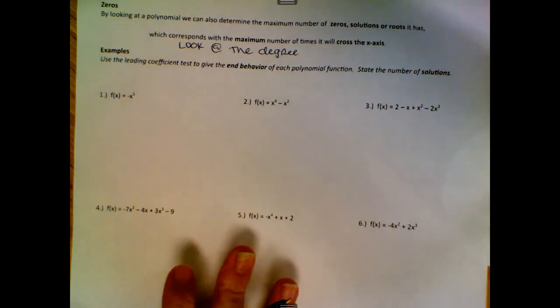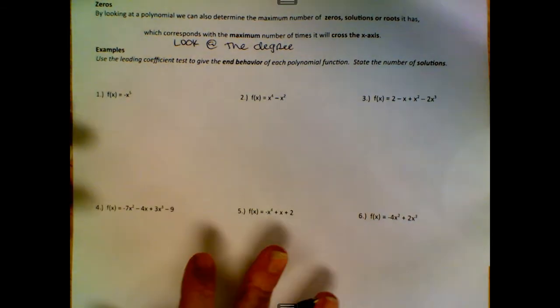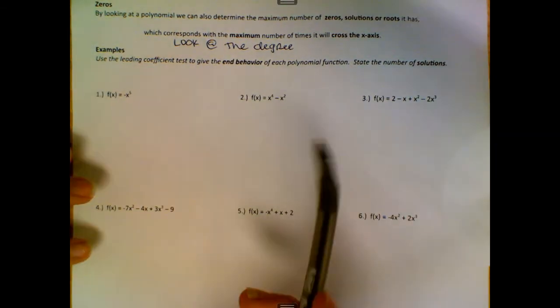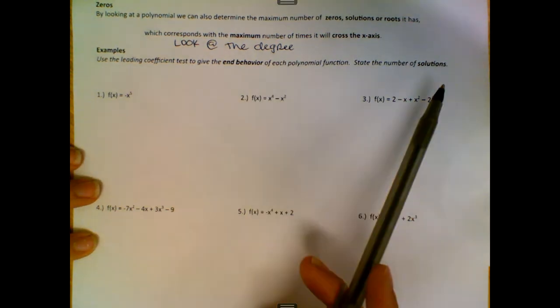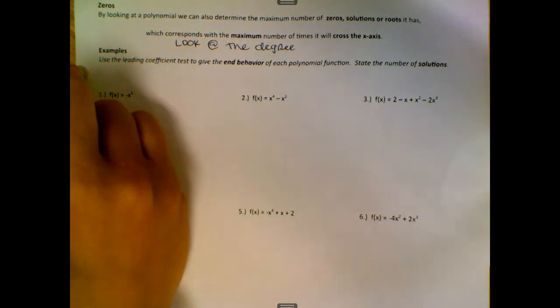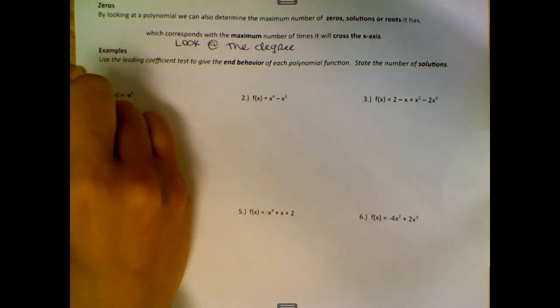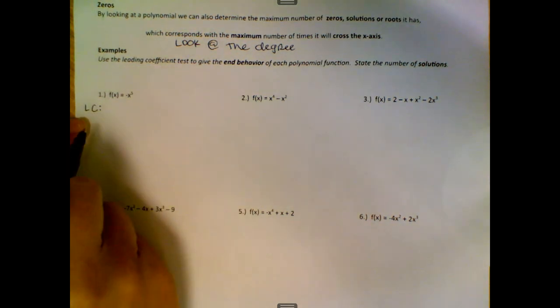So I'm going to normally just hand you a polynomial and say, all right, do me a favor, list the end behavior, state the number of solutions. So this is how you're going to set up each problem if I've ever asked you this and for all the problems that you're going to do today. So first you're going to start by the lead coefficient, writing if it's positive or negative.